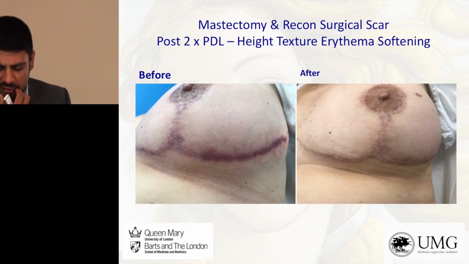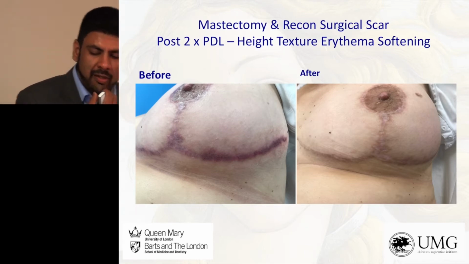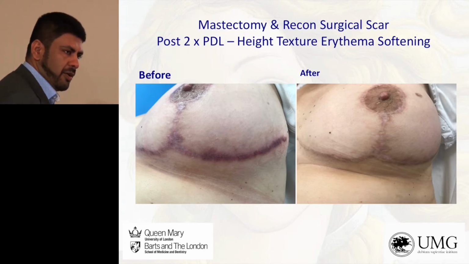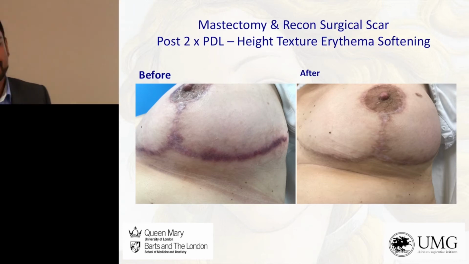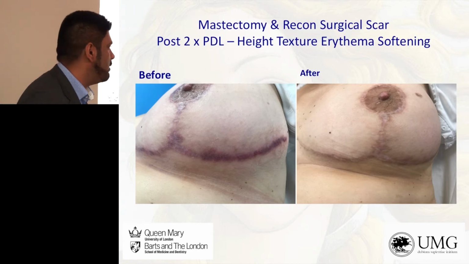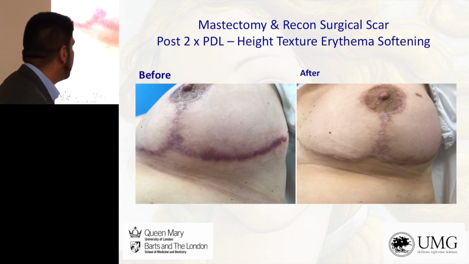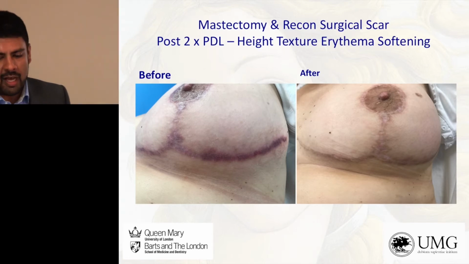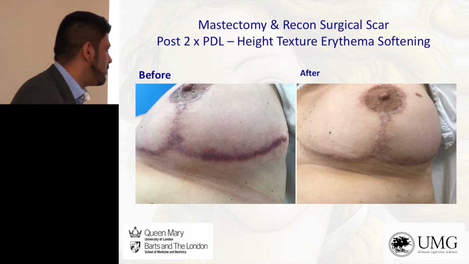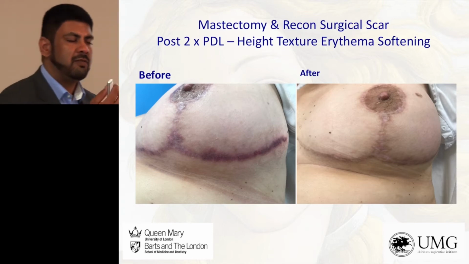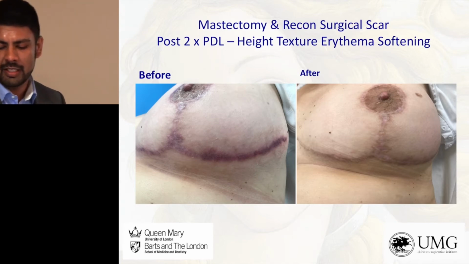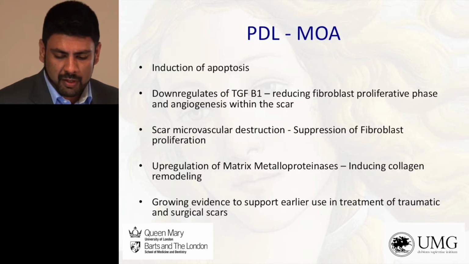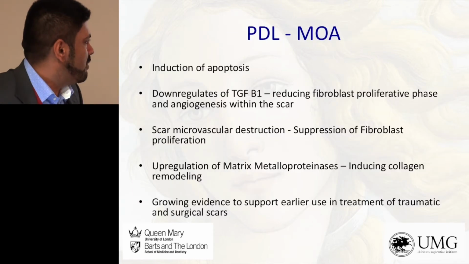Now, this is with pulse dye laser alone, and pulse dye laser, obviously, as you know from doing the laser module, is a vascular wavelength and it helps with reducing vascularity of scars. So the reddening of the scars is helped, but also the hypertrophic element of the scars is helped by downregulation of TGF-beta1 by the laser, and also the reduction in the vascularity of the scar as well. So just a little bit of brief explanation there.